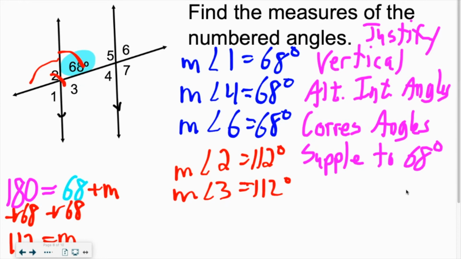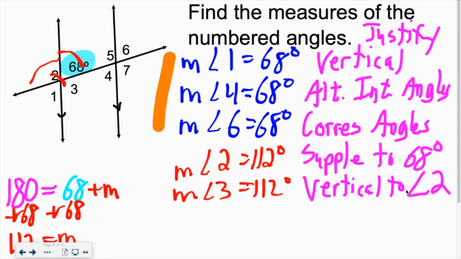And you need to justify that. That's because it's vertical to angle 2. Because it's not the given one, I have to tell which one it is. All these ones up here on the top, I was able just to say one thing, vertical, because I used all with the given angle, the 68 degrees.